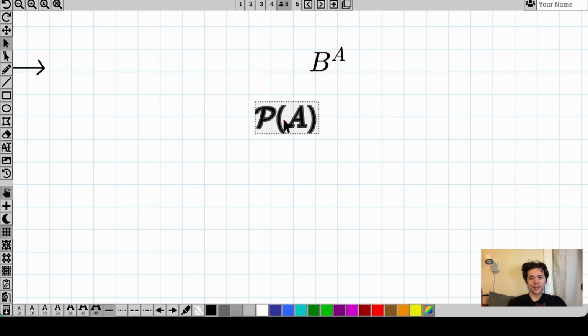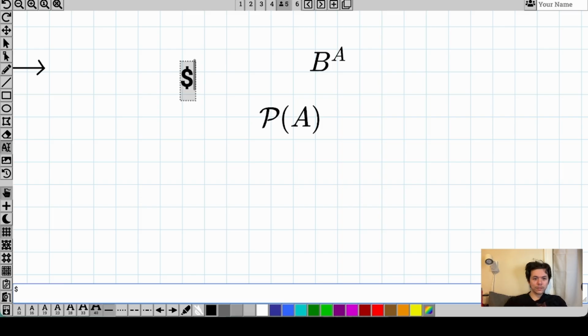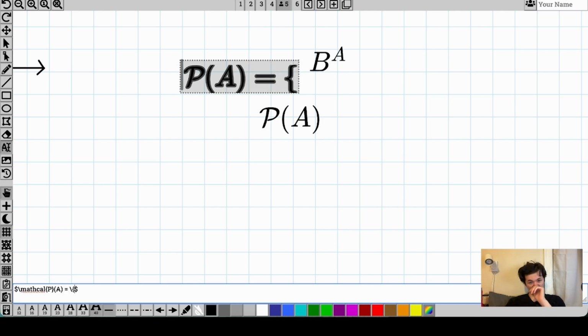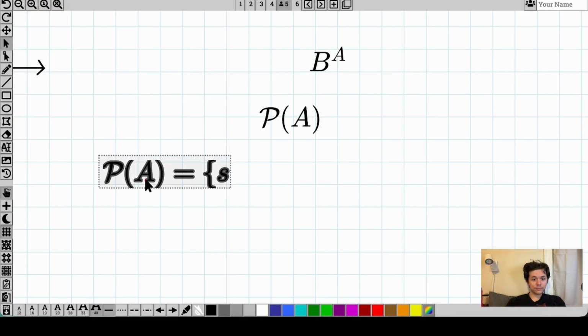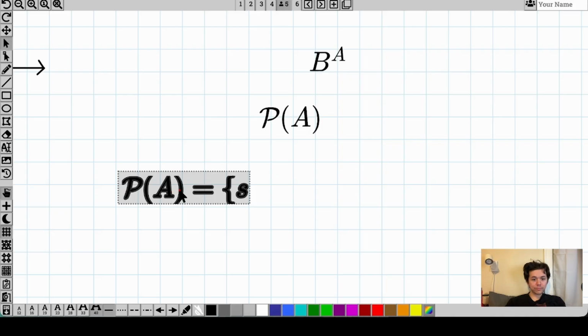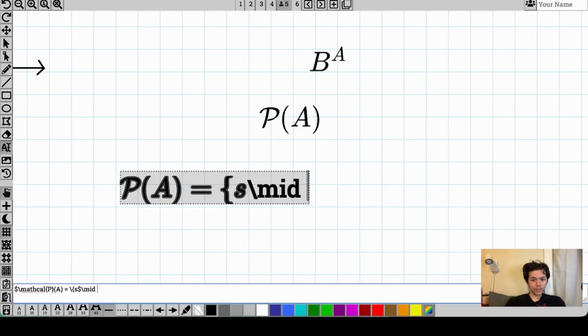So P of A is exactly the subsets of a set A. It's usually written mathcal P of A. And it's exactly, using this notation again, the sets, we'll call them S, such that S is a subset of A.